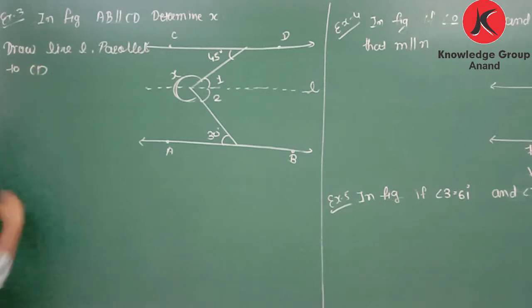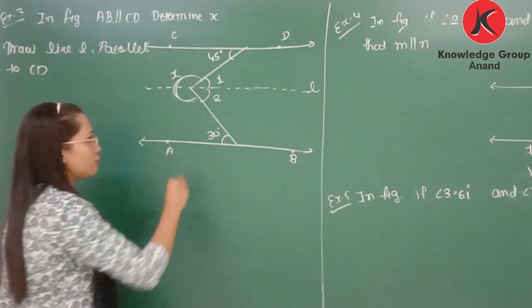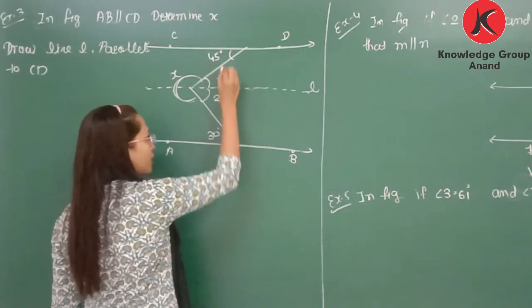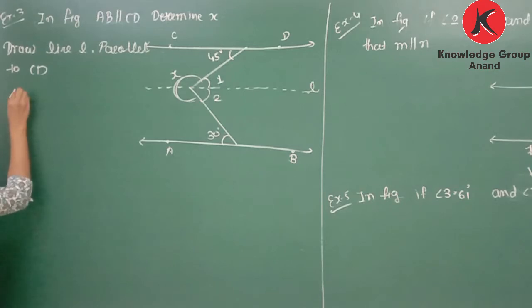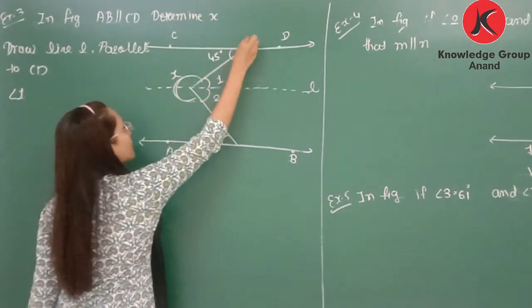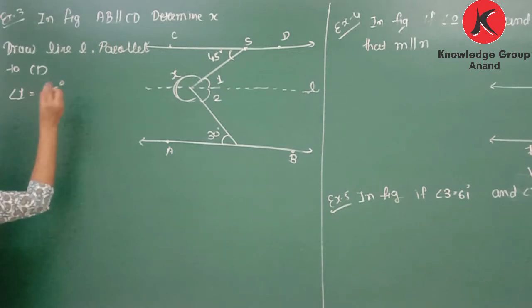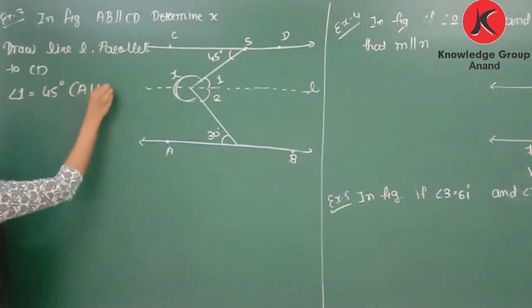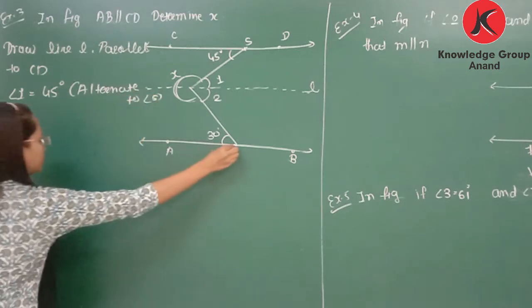As we performed in the previous example, in the same way we need to draw line L. Now here in the figure you may see this angle is 45. So angle 1 is also 45. Reason: alternate to angle X.